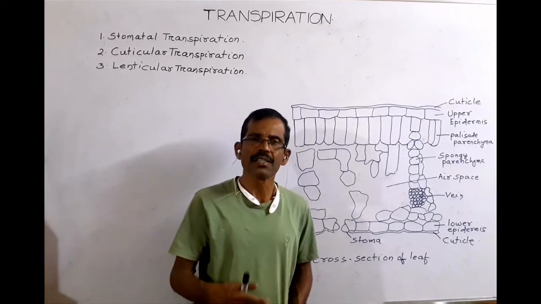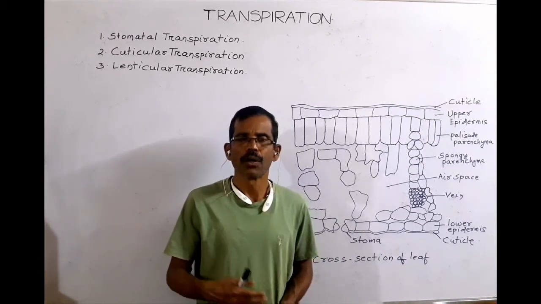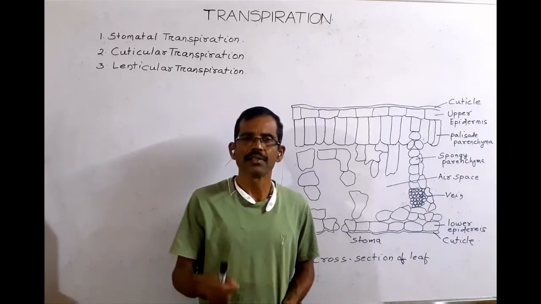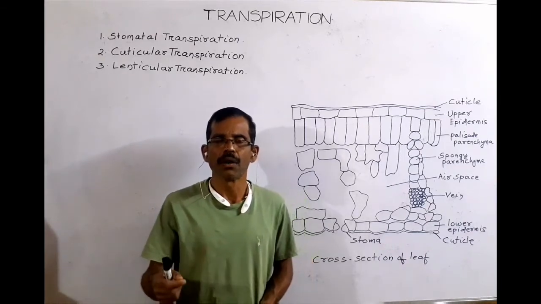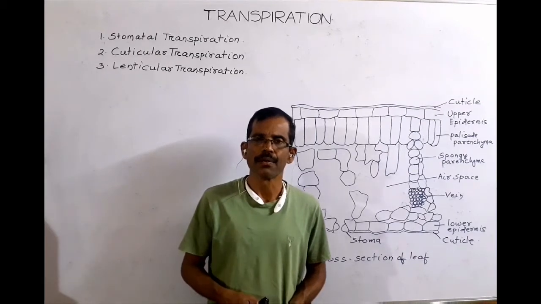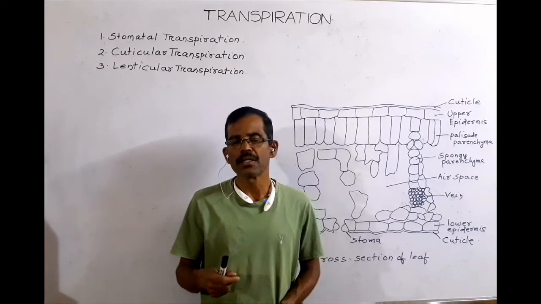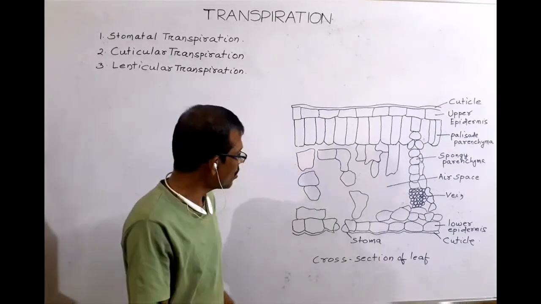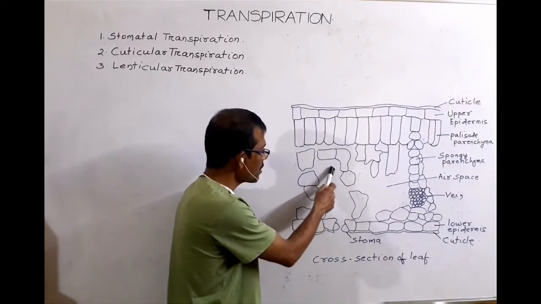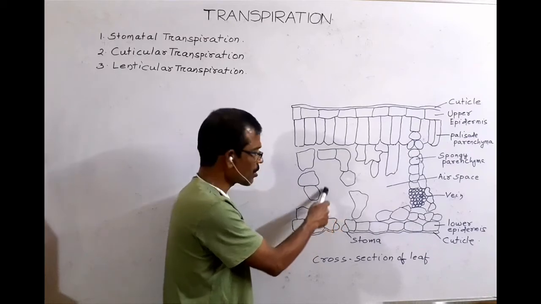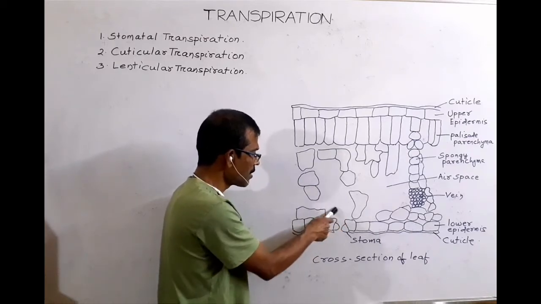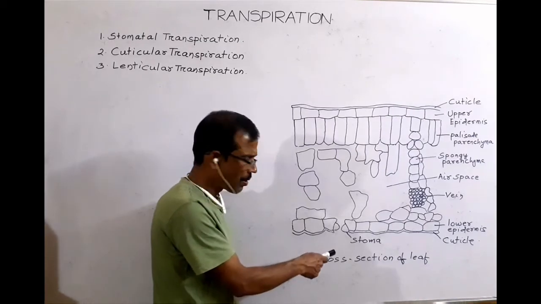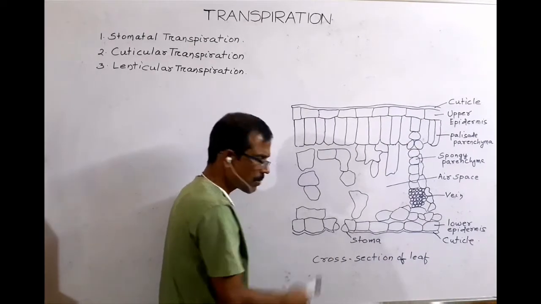According to Fick's law of diffusion, molecules diffuse from a region of higher concentration into a region of lower concentration, and vapor pressure is proportional to the vapor concentration. As you know, the concentration of water vapor in the substomatal air space is greater than the concentration of water vapor present in the atmosphere.